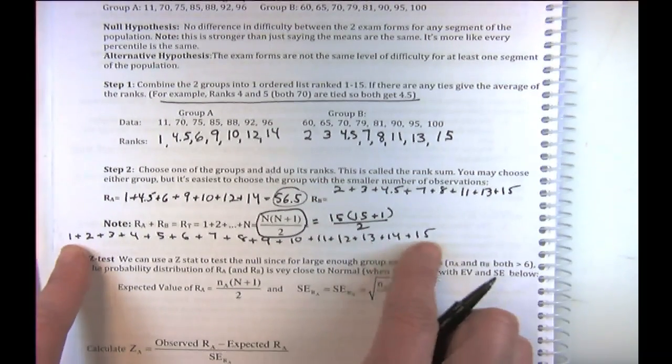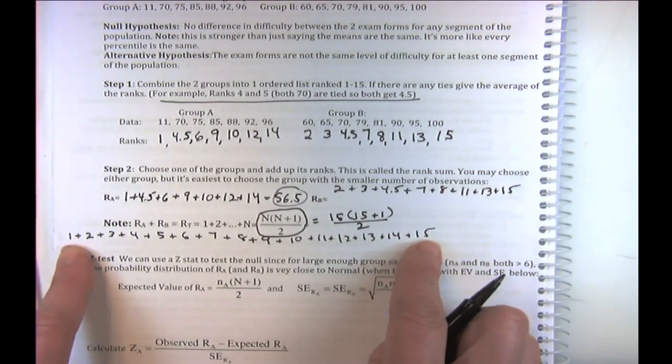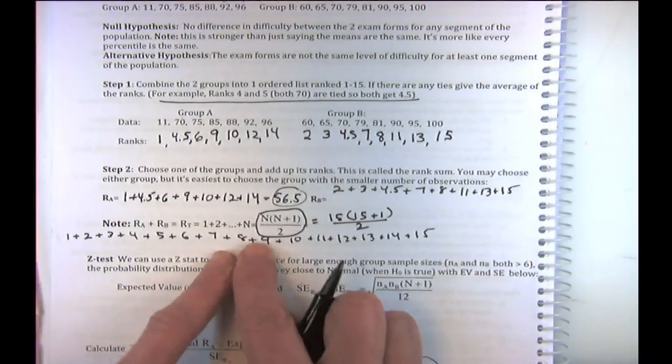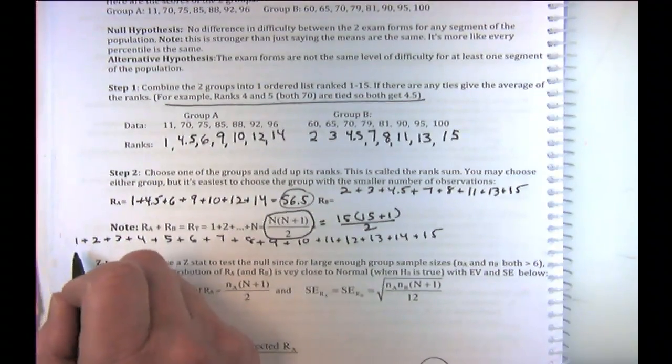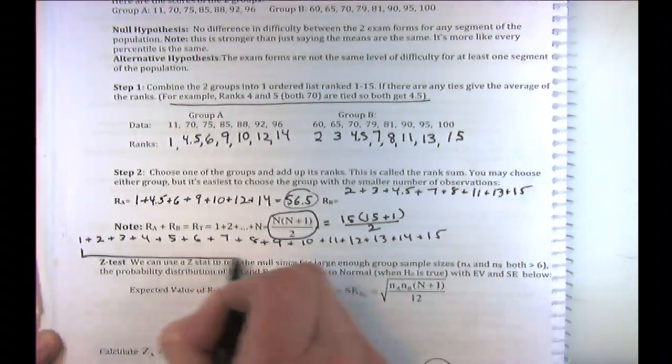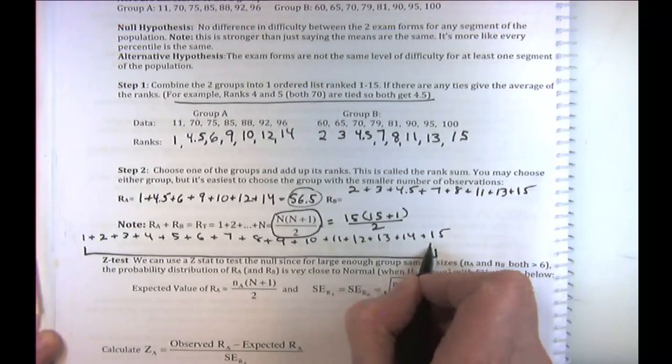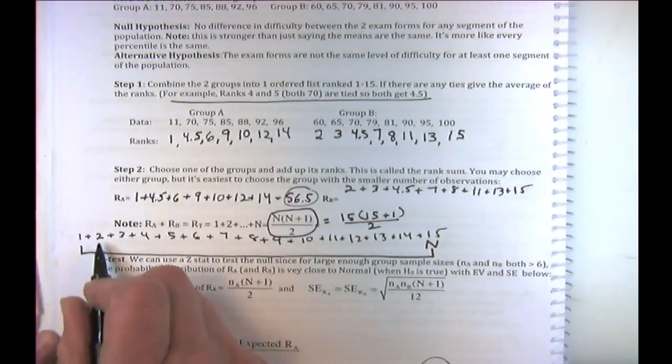We have n over 2 16s, because we're just going to go halfway. For example, 1 plus n is 16, and then our next one, 2 plus 14, 16. And how many do we have? N over 2.